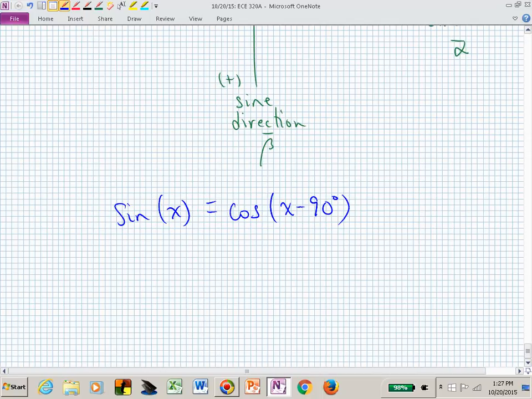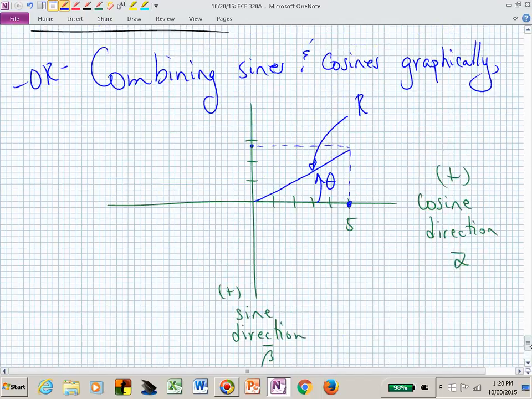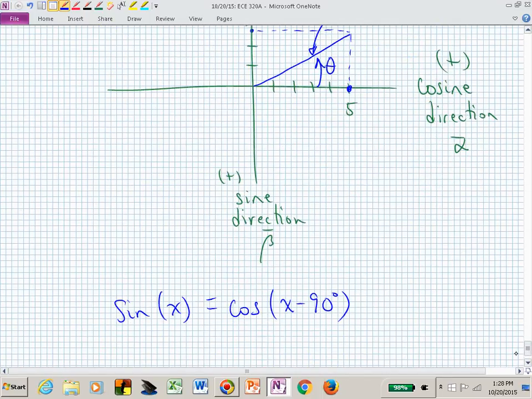Sine of 90 degrees is 1. Cosine of 0 is 1. So if I drew x here, or theta there, then am I okay?